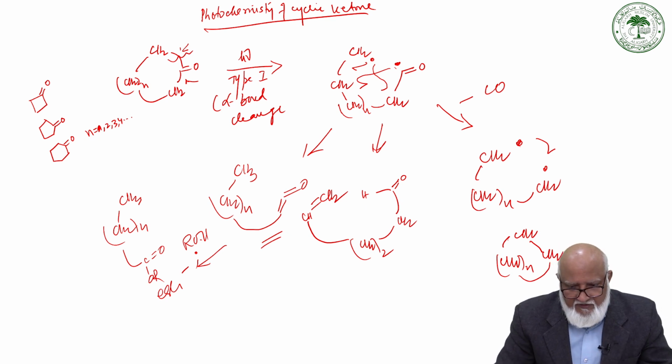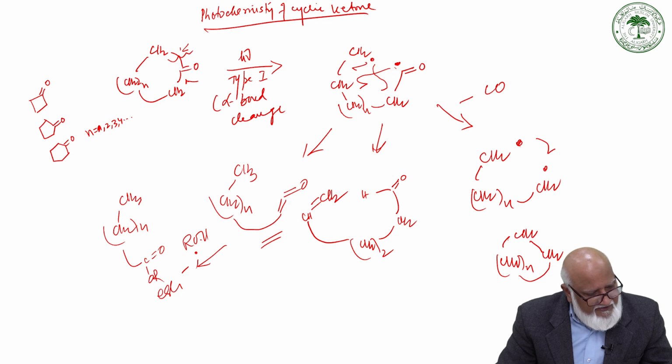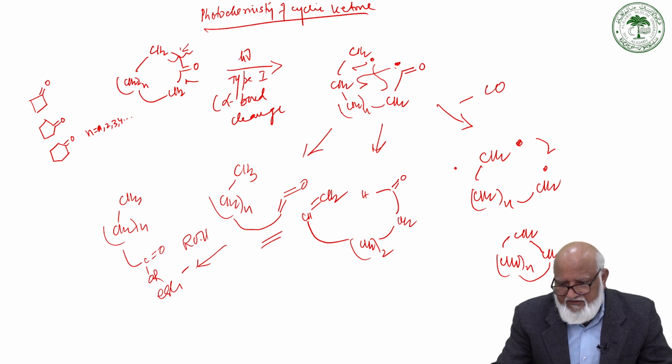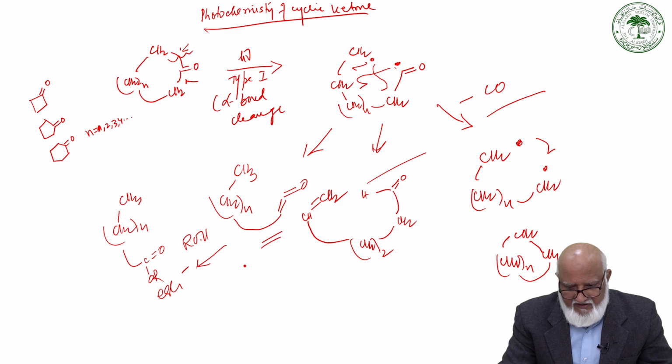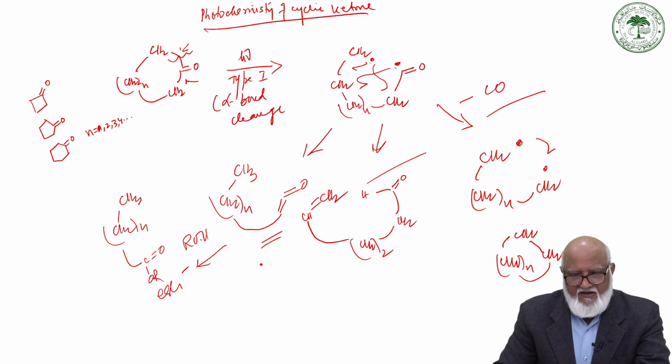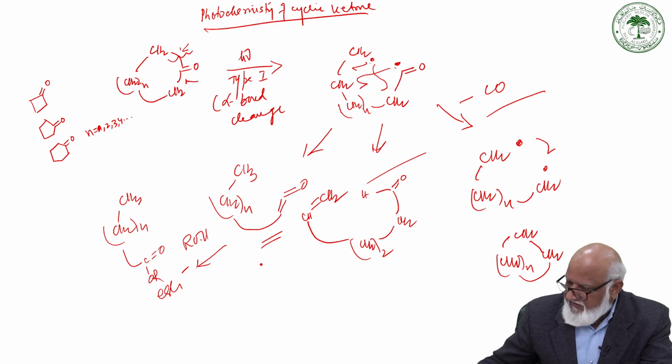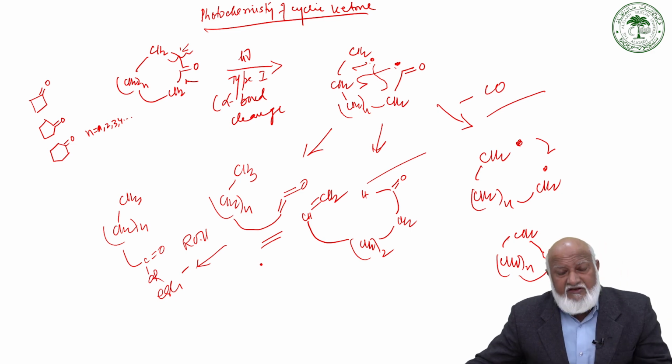So these are the few products: one is decarbonylation, another is the aldehyde, and the abstraction leading to a ketene derivative. These are the products possible in the case of a cyclic ketone.